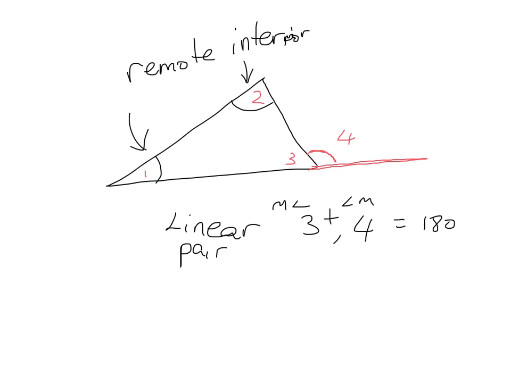we have our remote interior angles. Now, the thing that you need to know about the remote interior angles and the exterior angle is called the exterior angle theorem. And that states, let's write that down first, the exterior angle theorem.